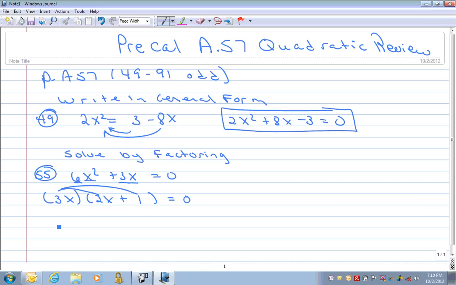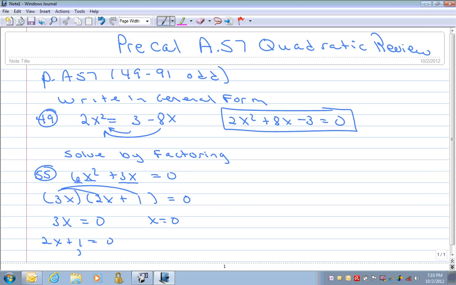To solve, you're going to set each factor equal to 0. You probably can do this mentally, but just to show you, you would have 3x equal to 0, and then you would have 2x plus 1 equal to 0. 3x equal to 0, you divide 0 by 3, and x would be 0.